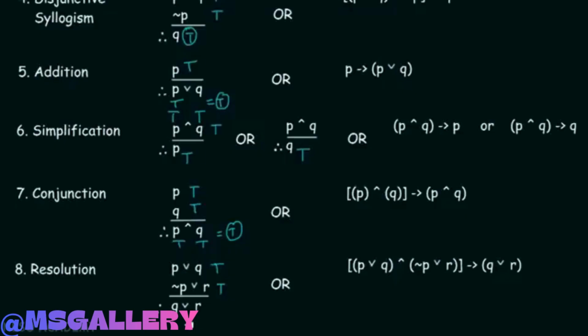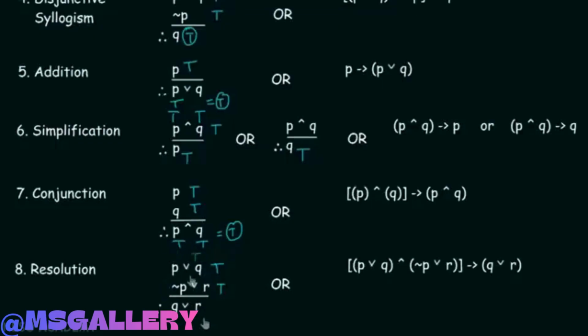It may be possible that both of them are true, or it may be possible that Q is true or maybe R is true, right? Let's take Q false. And if Q is false, then P has to be true. And if P is true, then not P becomes false. And if not P is false, then R has to be true. Therefore, when Q is false, then R has to be true, right?